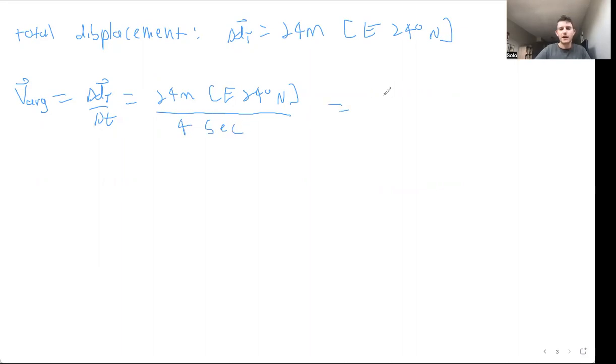And that will give us an average velocity of 6 meters per second east, 24 degrees north. So therefore, I like to do a therefore, pretend you're on a test. 6 meters per second east, 24 degrees north.